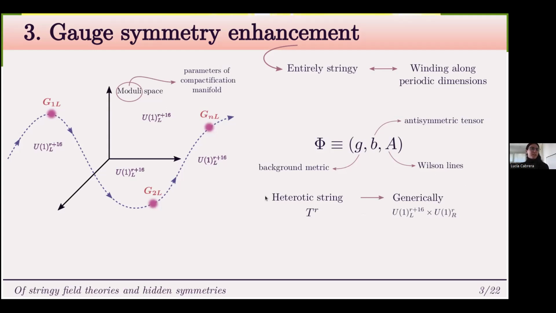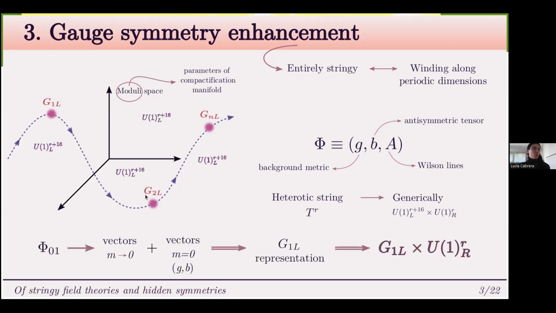However, there will be certain special points. Let's say one of them is this phi_01. Let's say we're approaching this point with our theory following this arrow. As we approach the symmetry enhancement point, there will be some vectors of the theory that will start to become lighter and lighter. And at the point itself, they will become completely massless.